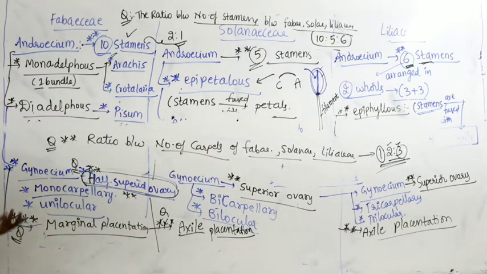So, the number of carpels and type of ovary along with the marginal placentation, these are all characteristic features of the gynoecium of Fabaceae, Solanaceae as well as Liliaceae. Right. Let us continue further.